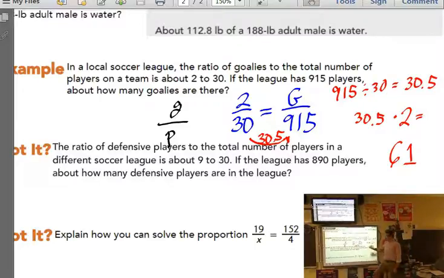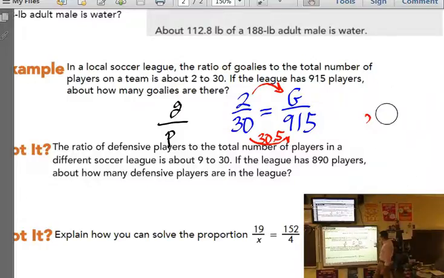So, he just multiplies by 30.5 on top and gets his 61. Now, the other way that we can do this is if I use my cross multiplication method. What would be my cross products that would be equal to each other?